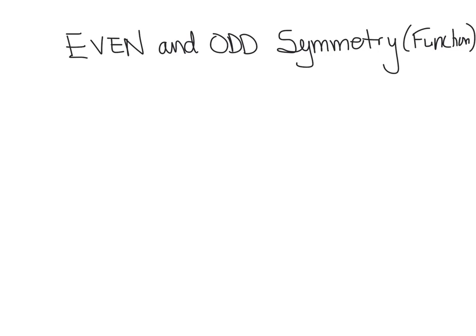So let's review what we've already known about even symmetry when we were looking at those power functions, and we had pictures that looked like this, and you might recognize that as x squared. But we said it had even symmetry because when I rotate it around that y-axis 180 degrees only, right? It's just that reflection across the y-axis.